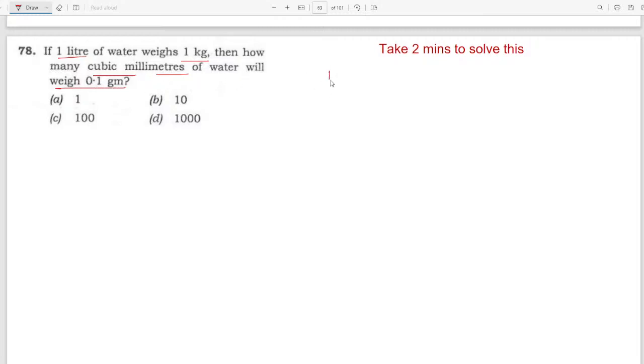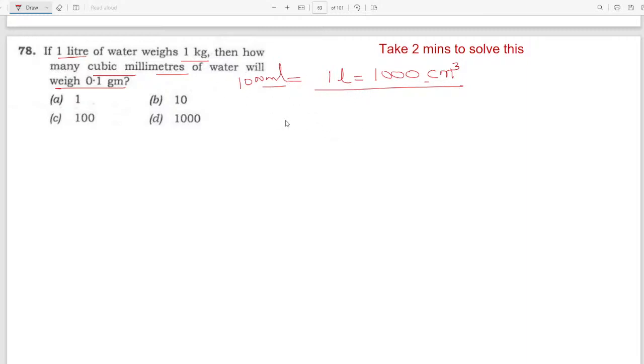So we know that 1 liter is equal to 1000 centimeter cube. At least you need to know this. Or 1 liter is equal to, what we normally use, 1000 ml. ml is milliliter, and this is also equal to 1000 centimeter cube. If we know this, then we can solve for this.